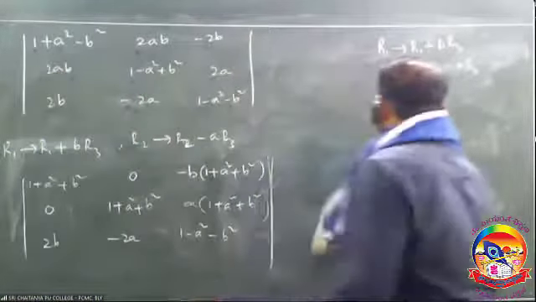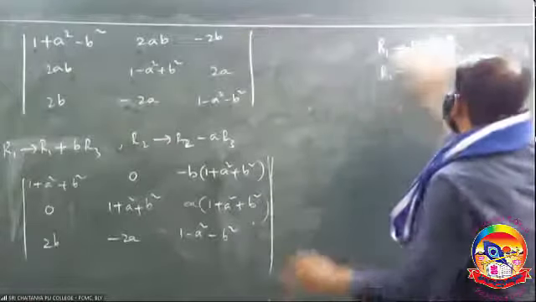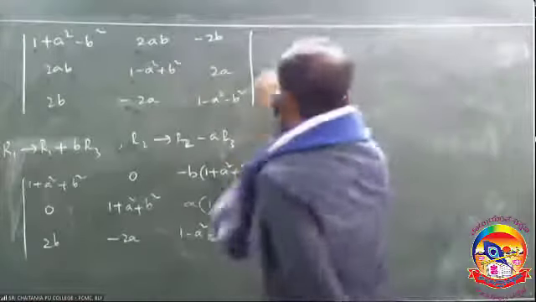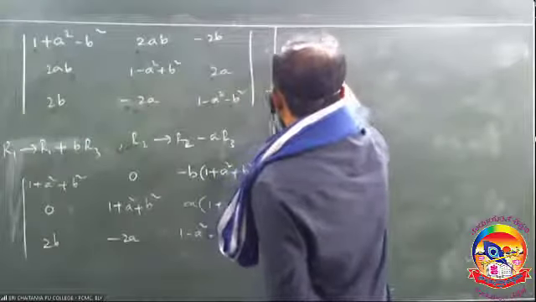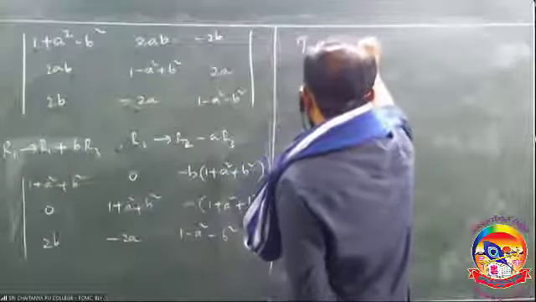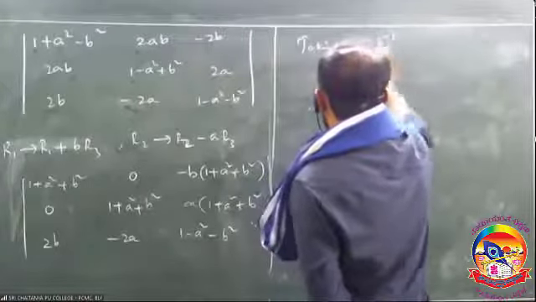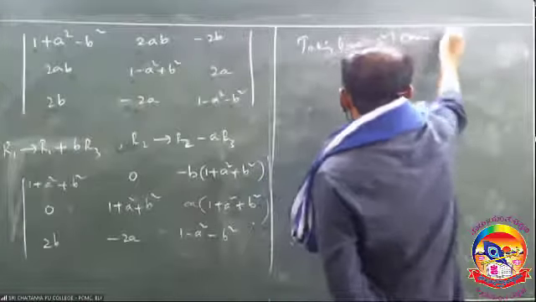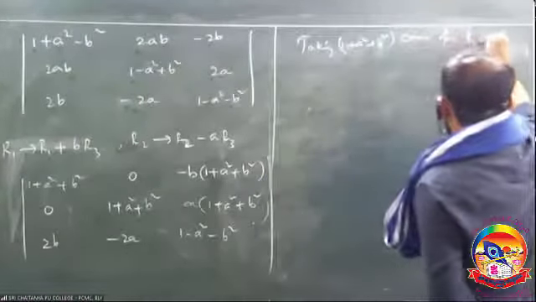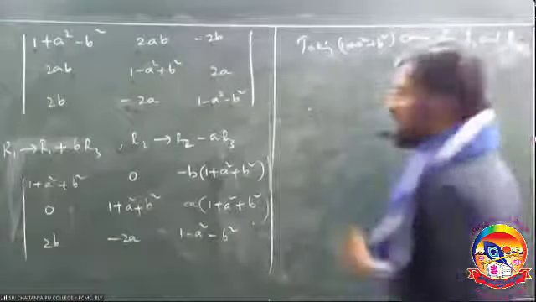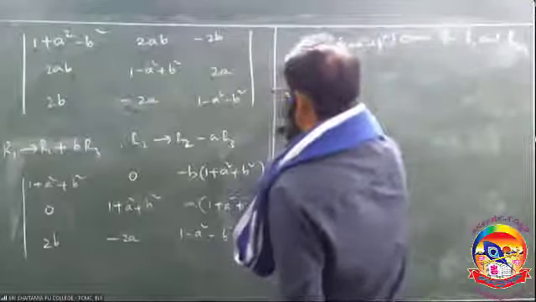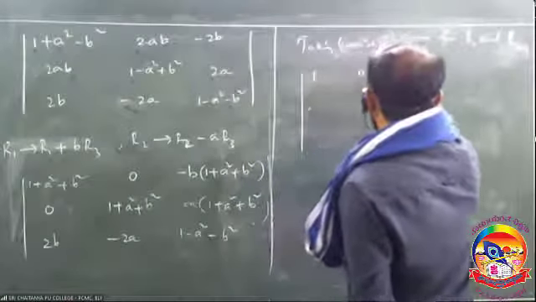Now, take 1 plus a square plus b square common from R1 and R2. I am going to get the top row 1, 0, minus b.